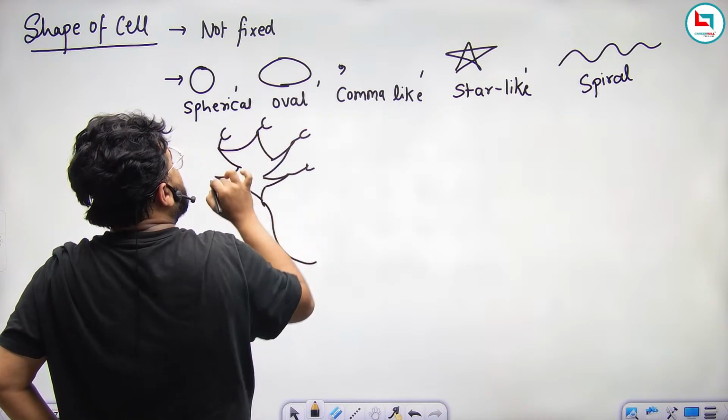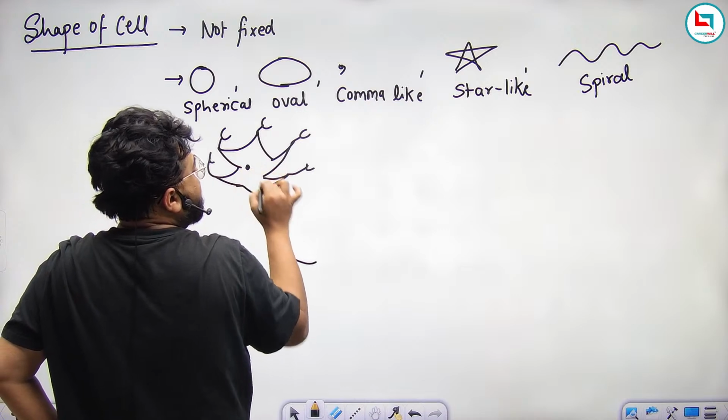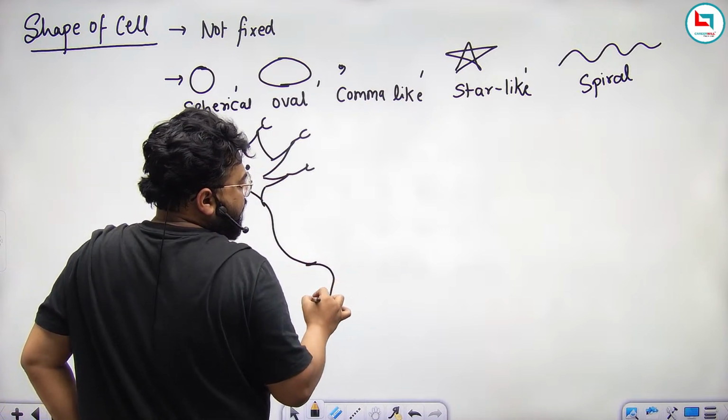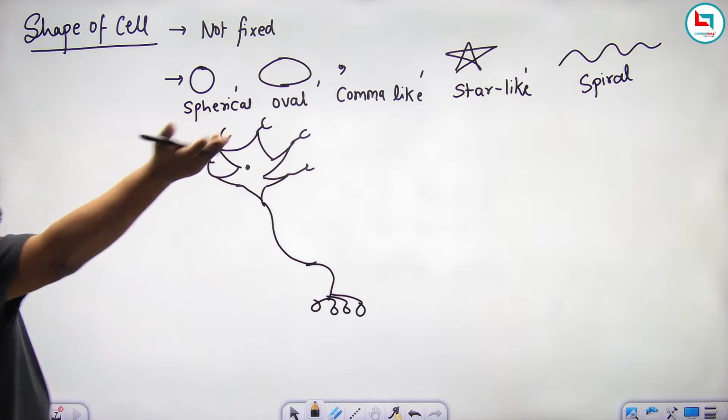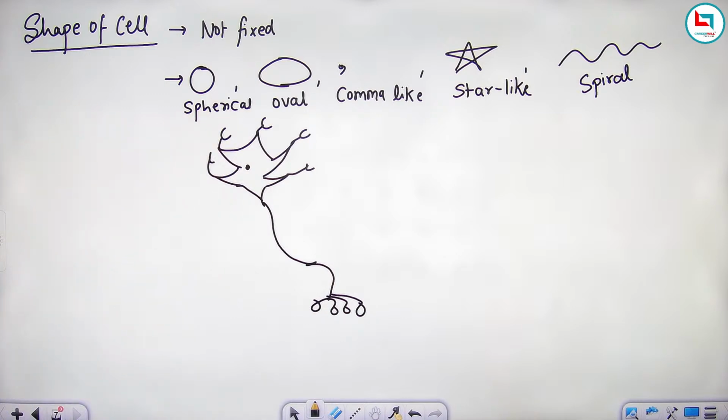So a cell basically does not have any fixed type of shape. It can be of n number of shapes. We have polygonal type of cell, spherical type, oval type, comma like, star like, spiral like. So there are n number of shapes for the cell.